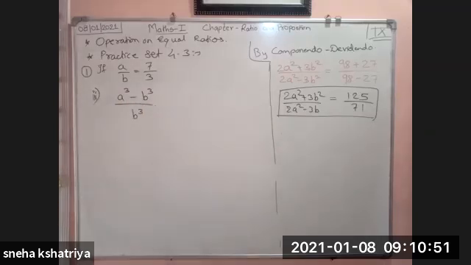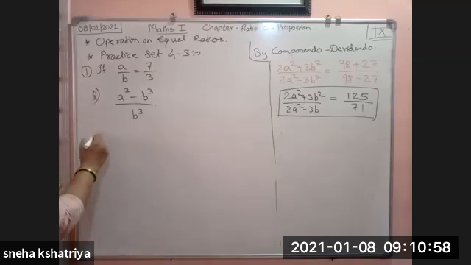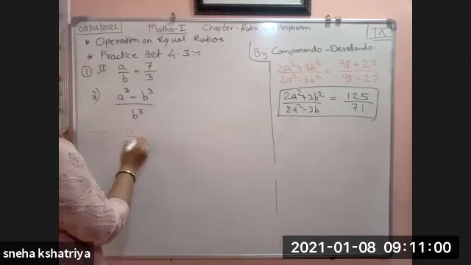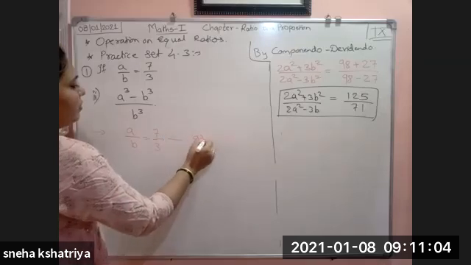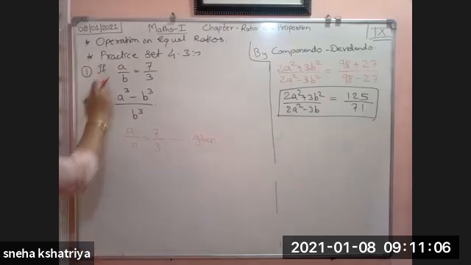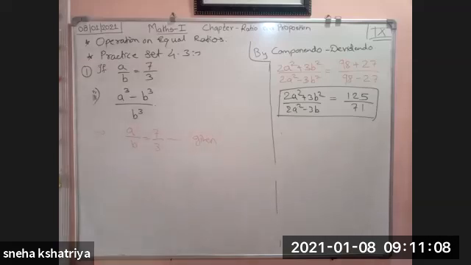Here you have to find the cube now. Whatever cubes are given to you here, you have to find them. So first we will write down a upon b is equal to 7 upon 3. This is given to us. Whatever the given thing is, first write it down.